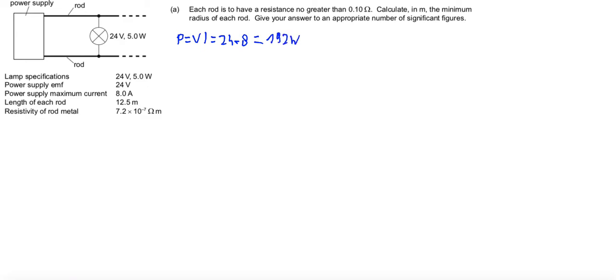Okay, and we know that the lamp has a power of 5 watts. So how many watts can be dissipated in the rods? In 2 rods, the power which can be dissipated is 187 watts. Is it clear? If 187 in 2 rods, and the rods are connected in series with the lamp, then each rod has a power of 93.5 watts. Is it clear?